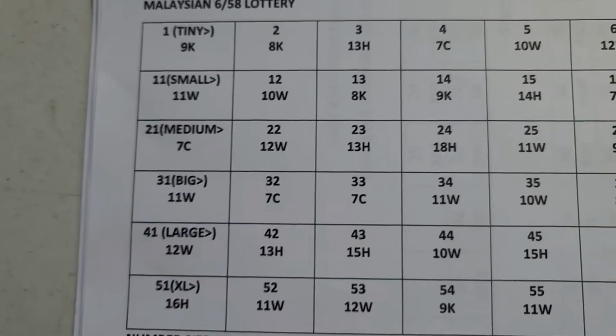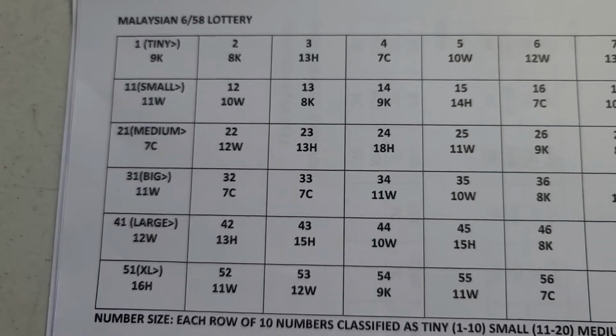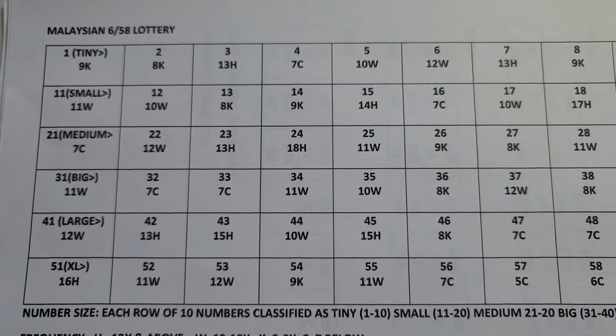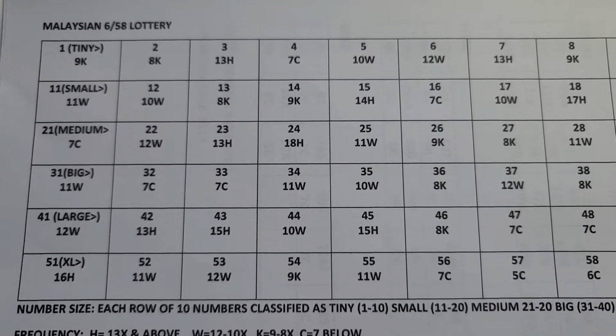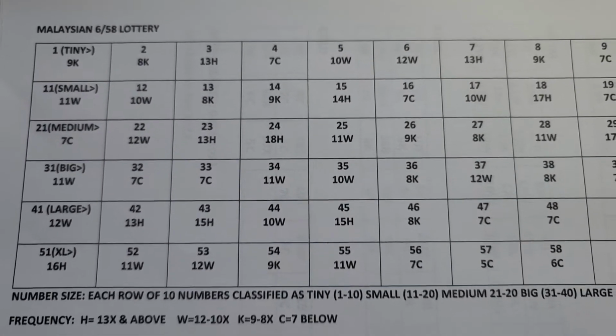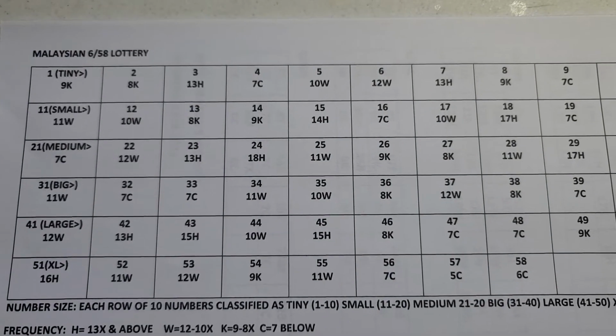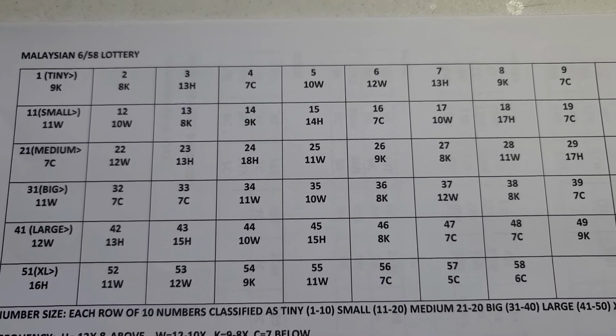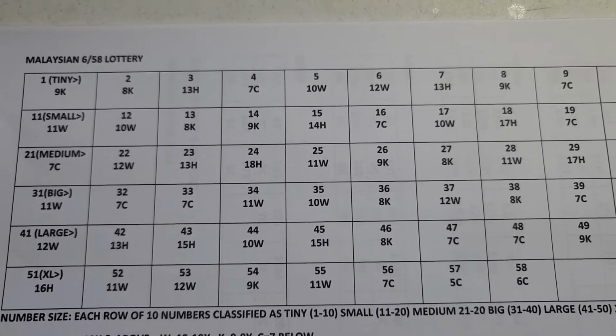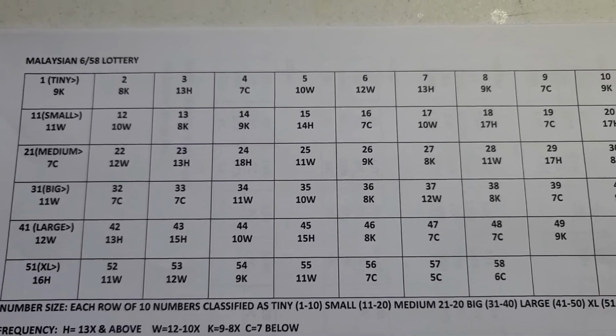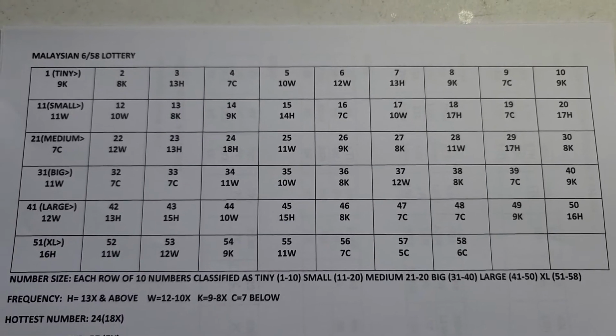So the grid needs to be updated after every draw so you can get an accurate perception. Again, to establish this grid, you need to go back to the last 100 draws of this particular lottery.